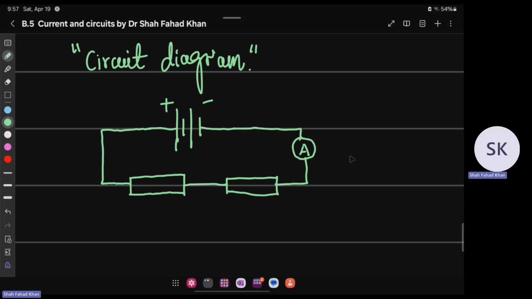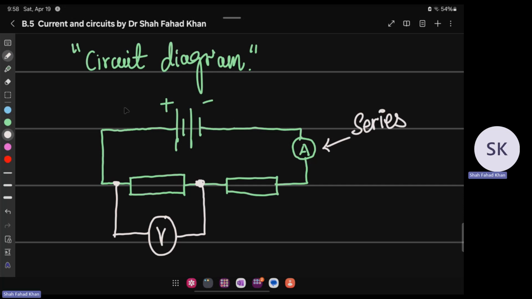A voltmeter is a device that measures the potential difference across a component, meaning how much voltage that component is using. A voltmeter is always connected in parallel to a component, whereas the ammeter is always connected in series to measure the current.